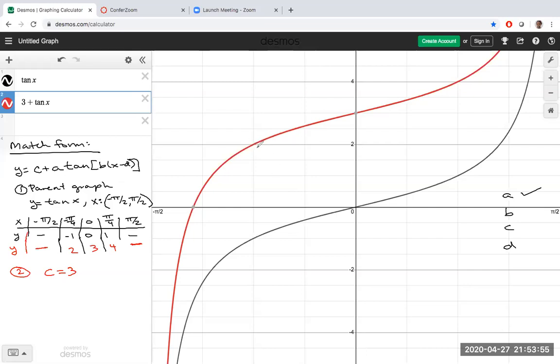Now we have 2. So from our parent, we shifted up by 3 units. Same here. And hard to see over here, but same here.